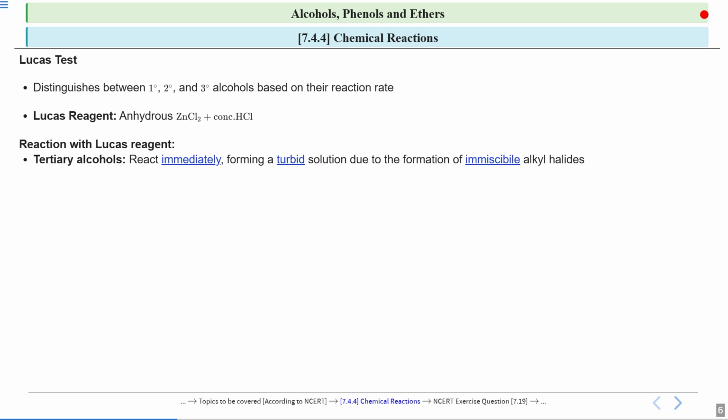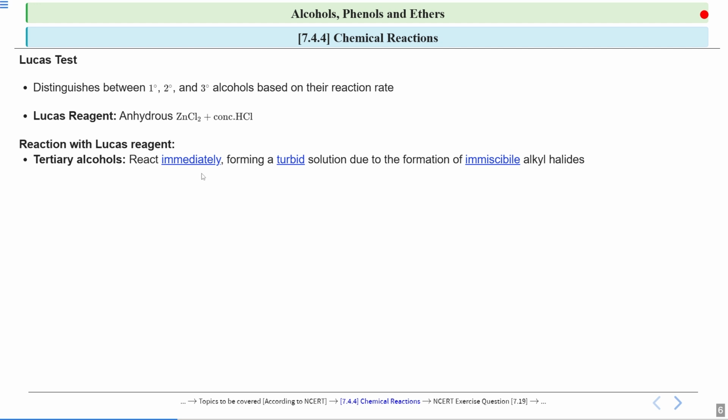So your alcohols are soluble in Lucas reagent, but their halides are immiscible. If I talk about tertiary alcohols, they react immediately, forming a turbid solution because of the formation of immiscible alkyl halides. I told you that the alkyl halides of these alcohols are not soluble in this Lucas reagent.